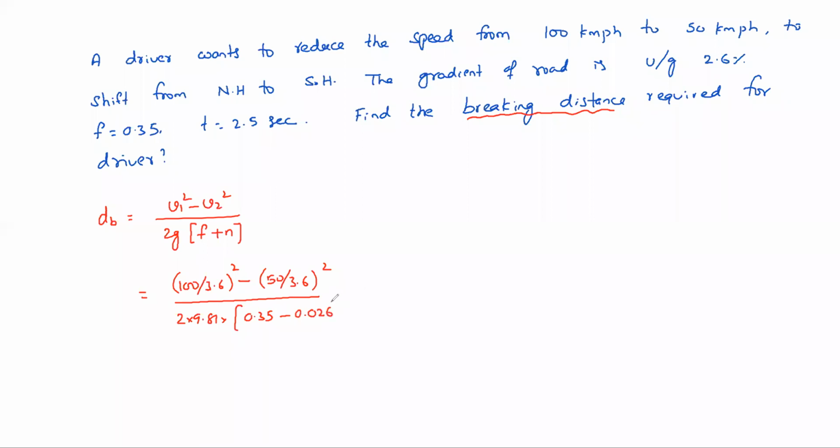Okay, how much is it? For an upgradient the gradient is plus. 78.44 meters. Okay, like this, braking distance alone can be determined.